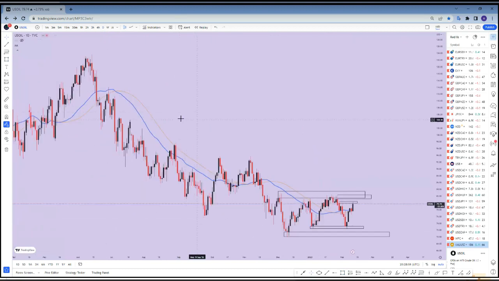Because from what I'm seeing, this looks like a solid area of resistance, a powerful area of resistance. Okay, and I don't want to get caught in a crazy trade or in a weird trade.